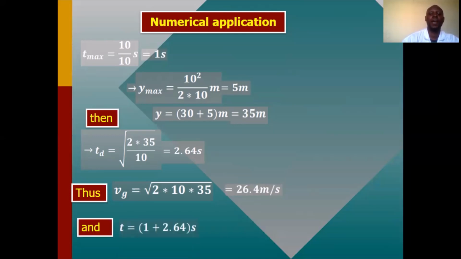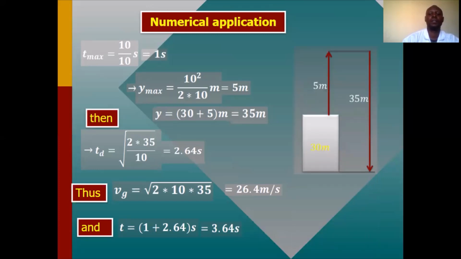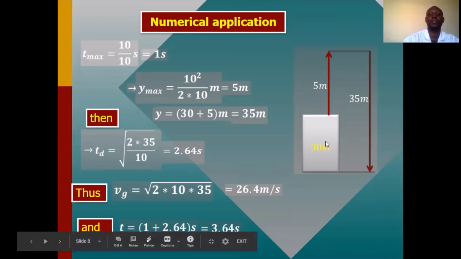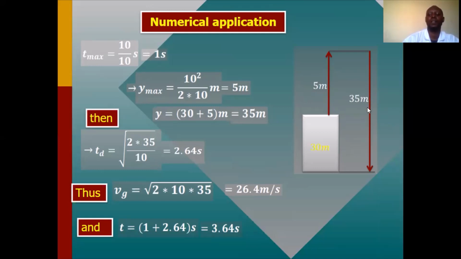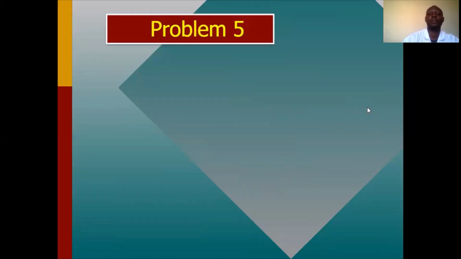And the total time used by the projectile is equivalent to 1 second, the time from the building to the highest point, plus the t down 2.64, which is 3.64 seconds. Finally, we have this graph, the building of 30 meters, the y max 5 meters, and the total distance, which is 35 meters.